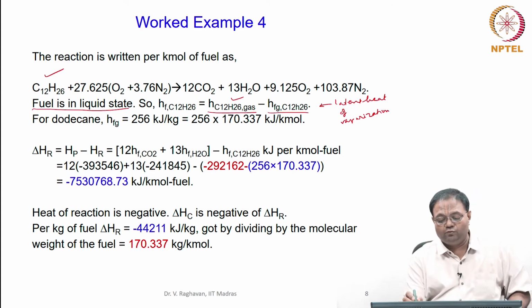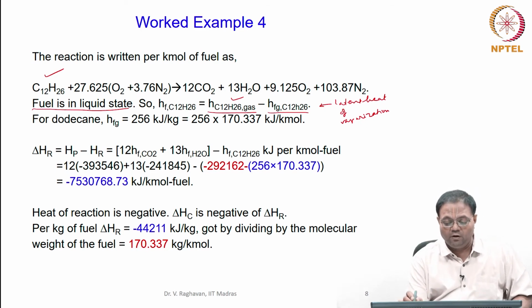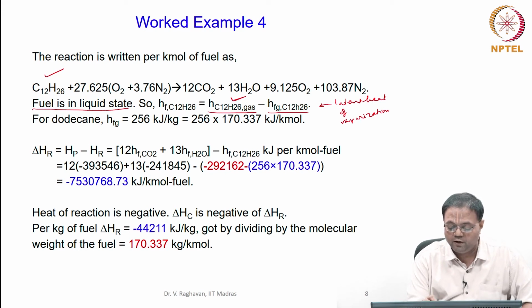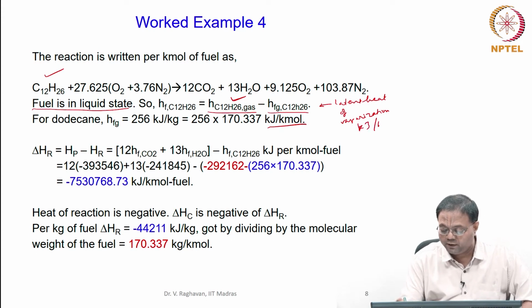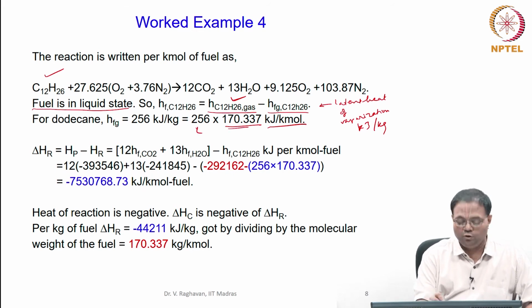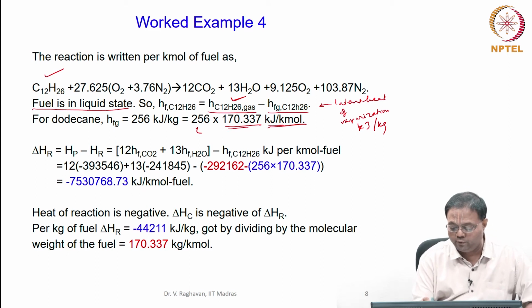So now both these values are available, but please understand that this enthalpy of formation is given in kilojoule per kilomole, but hfg is given in kilojoule per kg. So I multiply by the molecular weight to get the value in kilojoule per kilomole.